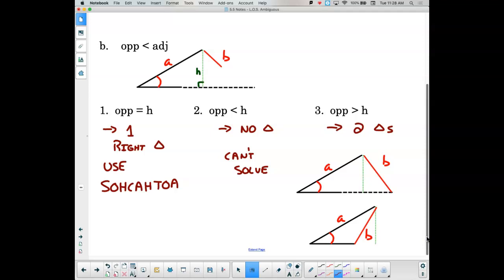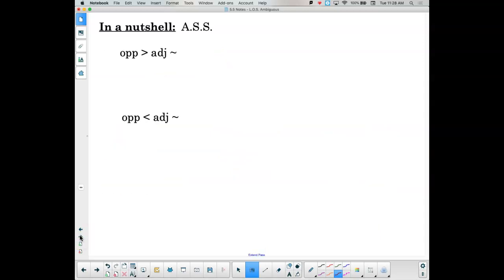So, to wrap all of this stuff up into one quick and easy slide. Remember, this only happens in the angle side case. If the opposite side of the two sides that are given is bigger than your adjacent side, you will always get one triangle, and you can always use the law of sines.